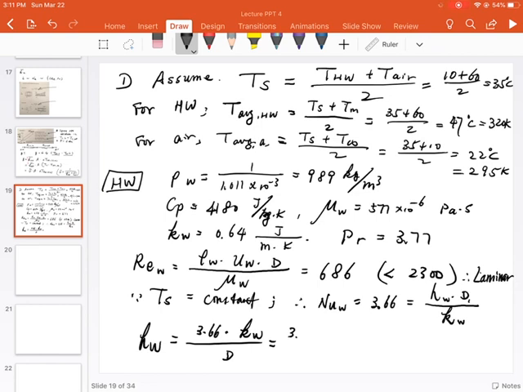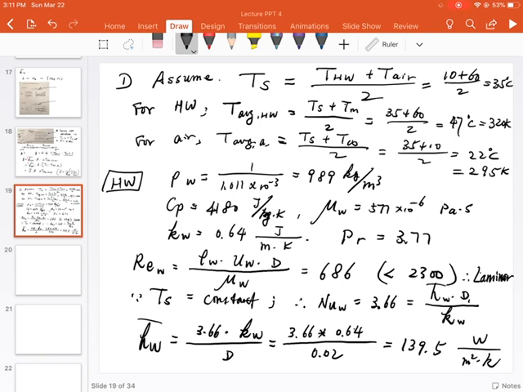And this gives you, you can just put it back. The conduction coefficient was given from the table, 0.64, and the diameter is 2 centimeter, and you get 139.5 for the convection coefficient. And if you want, you can put a bar on the convection coefficient of water.